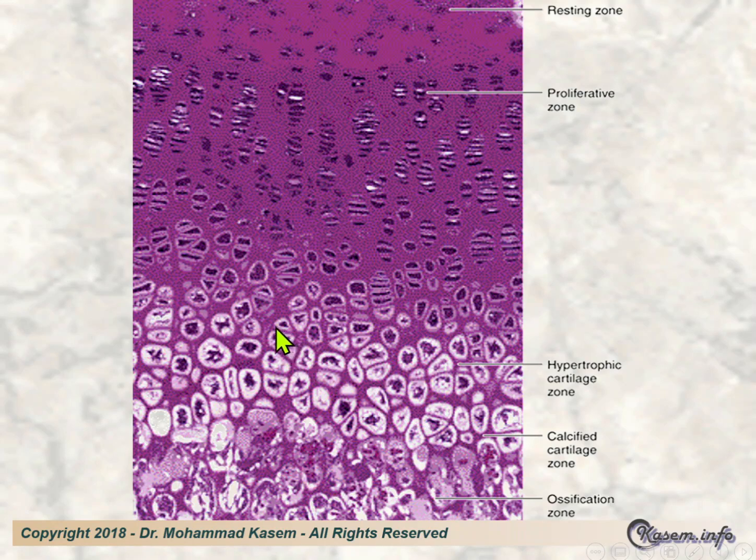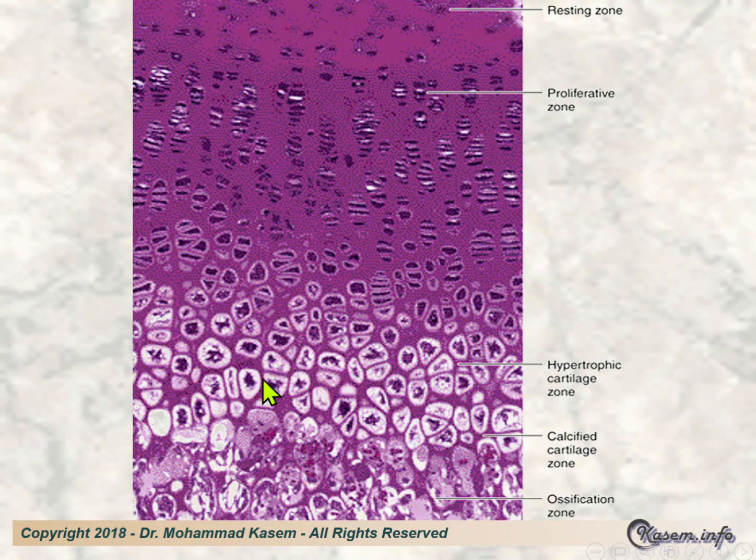And when they reach their maximum growth here, the osteoblasts nearby will start to secrete the osteoid matrix, which gradually surrounds these cartilage cells. The chondrocytes will die by apoptosis, or programmed cell death.